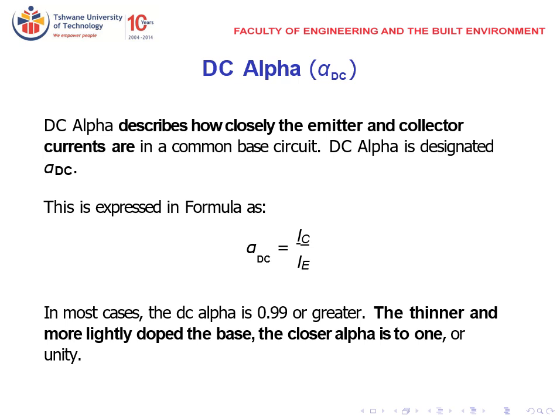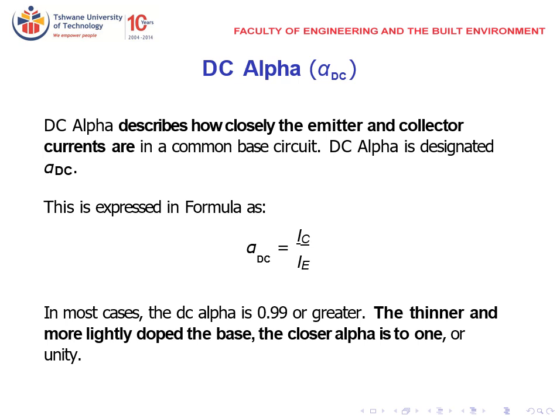DC alpha. DC alpha describes how closely the emitter and collector currents are related in a common base circuit. It is designated as alpha DC. This is expressed in formula as alpha DC equals IC divided by IE, collector current divided by the emitter current.